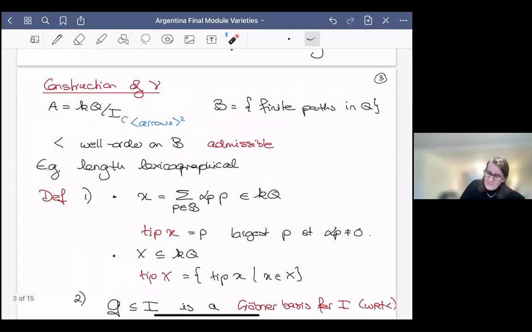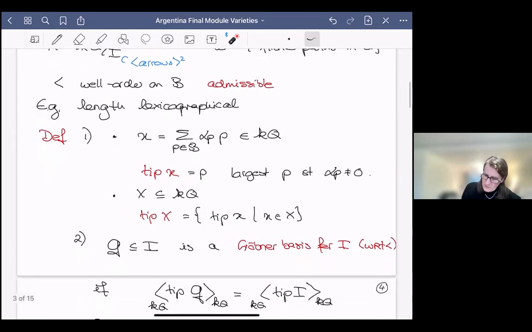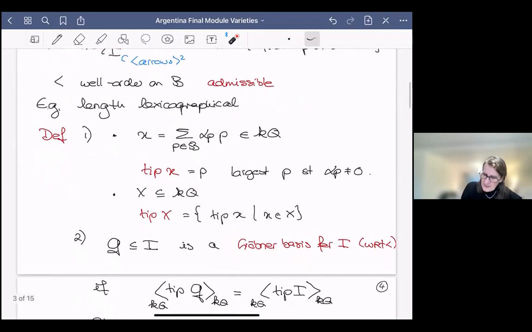Okay, we can then extend that to a subset of the path algebra. So the tip of the subset is the set of tips of all the elements. And with that, we can say what a Gröbner basis is. A Gröbner basis is always for an ideal.